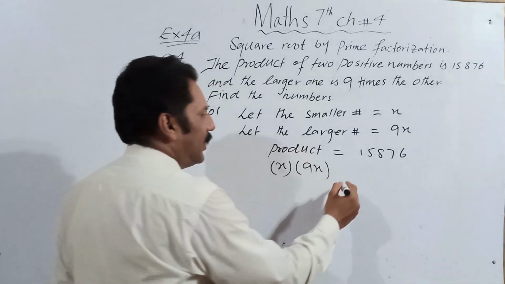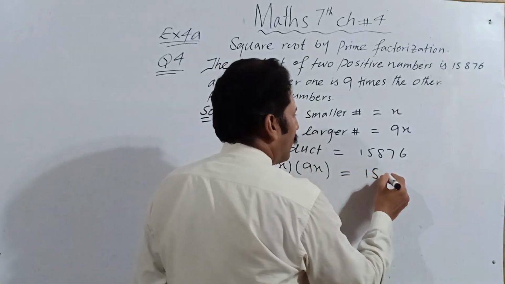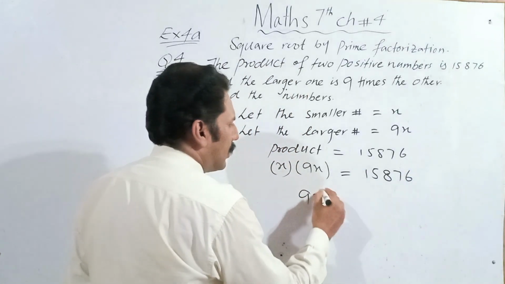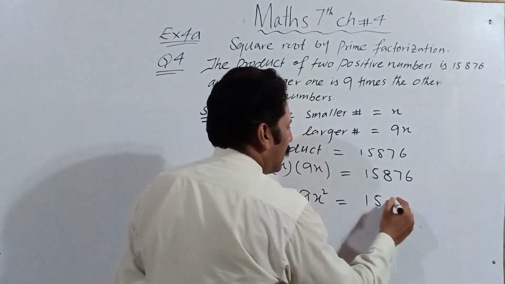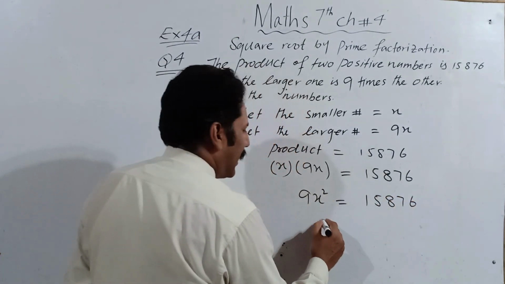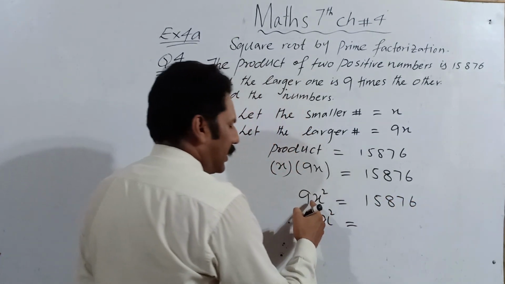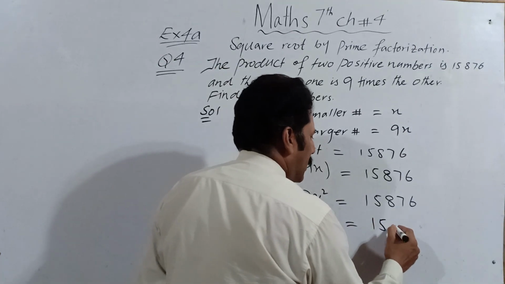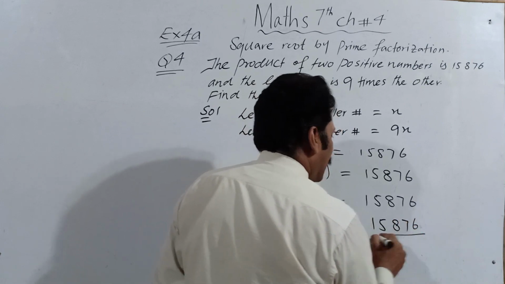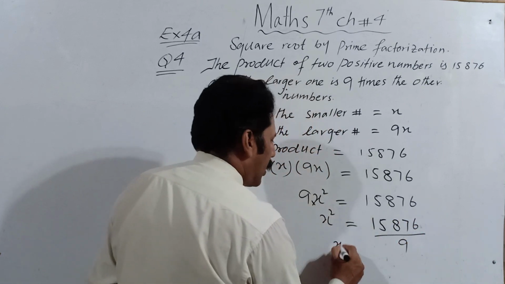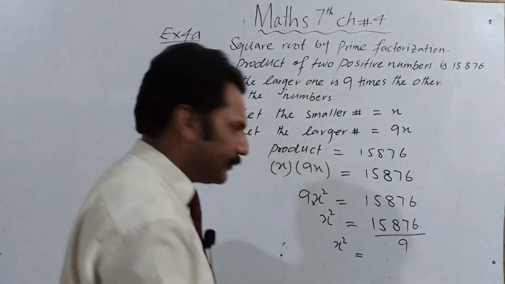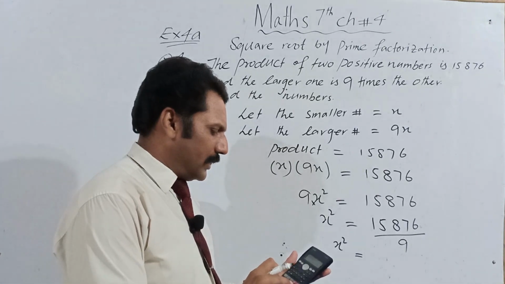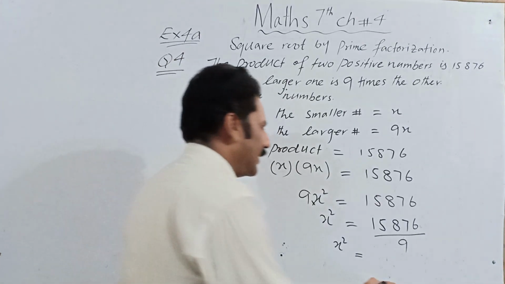If we multiply these two, it will be 9x square equals 15876. Here the 9 is multiplied by x square. If we take it to the other side of the equality sign, then it will be divided. Now x square is equal to 15876 divided by 9, and the answer is 1764.